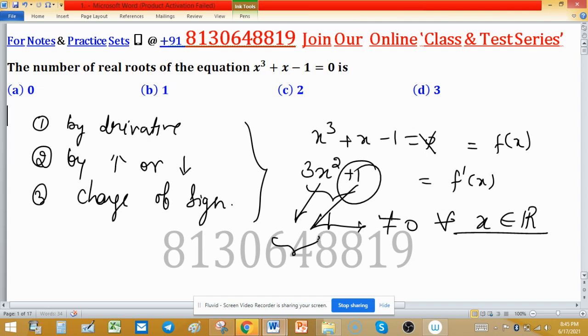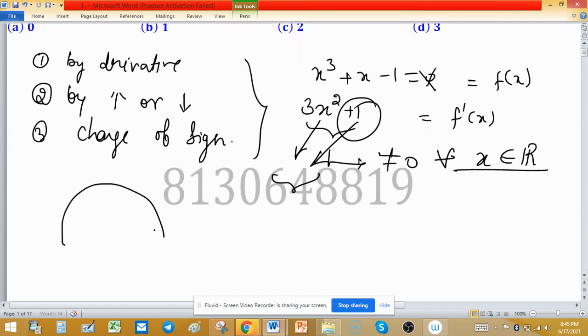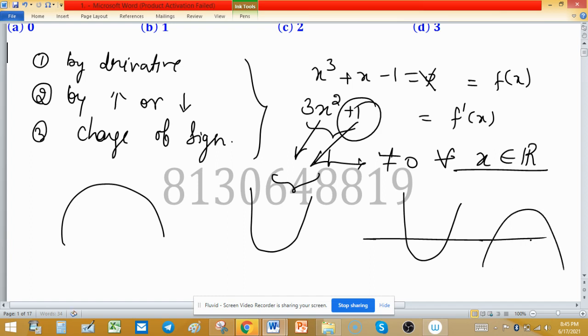So the derivative is not 0, it means that we never have either cup or cap shape. It means the graph of the function never intersects the curve at 2 points.